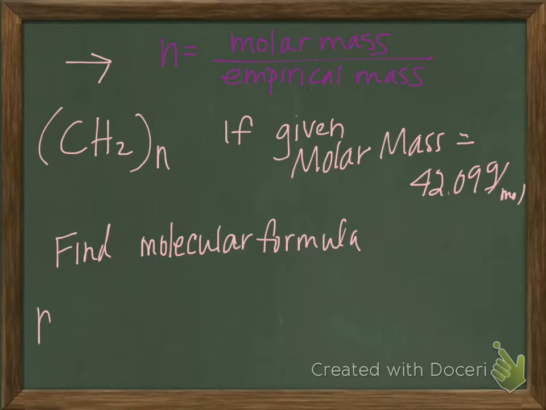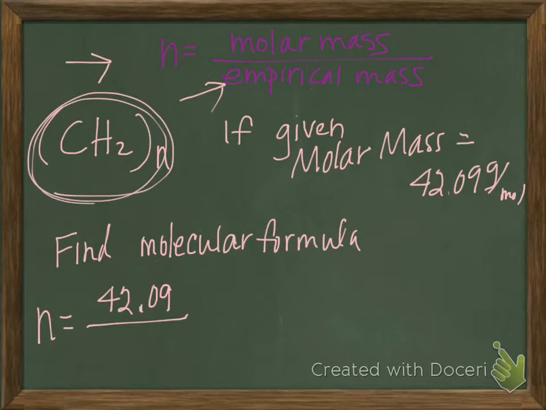Okay, so we're going to do this little equation right there. N, so they gave us the molar mass, right? So that always goes on top. Here's a hint. A bigger number, or the same, will always be on top. And we're going to divide by the empirical mass, which is the mass of this. Add it up the same way, it's just empirical mass because we don't know if that's the final formula.